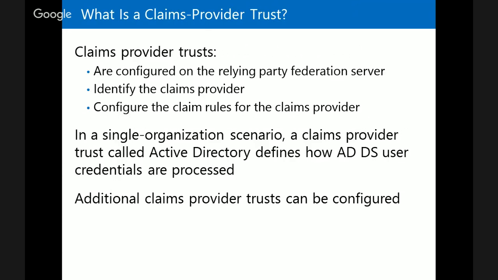In a single organization, a claim provider trust called Active Directory defines how AD DS user credentials are processed, but additional claim provider trusts can be configured. If you have a single organization with two different systems, you can configure that. You might have multiple Active Directory forests for some reason, because it may be a merger. That might be a reason you might configure these additional trusts.